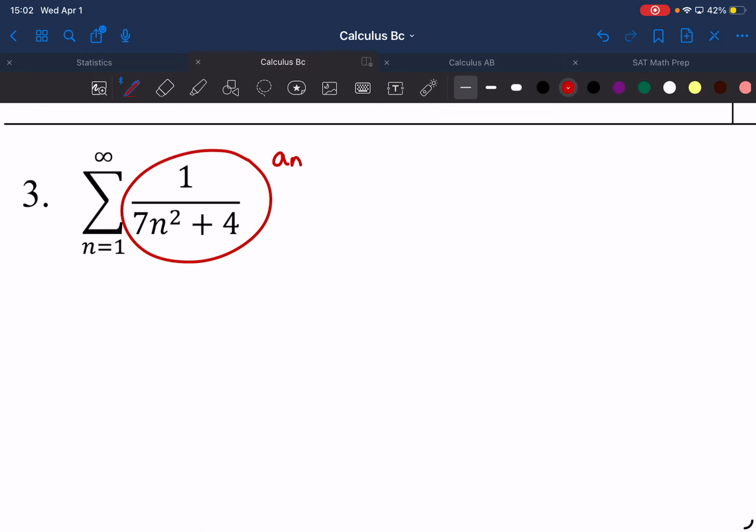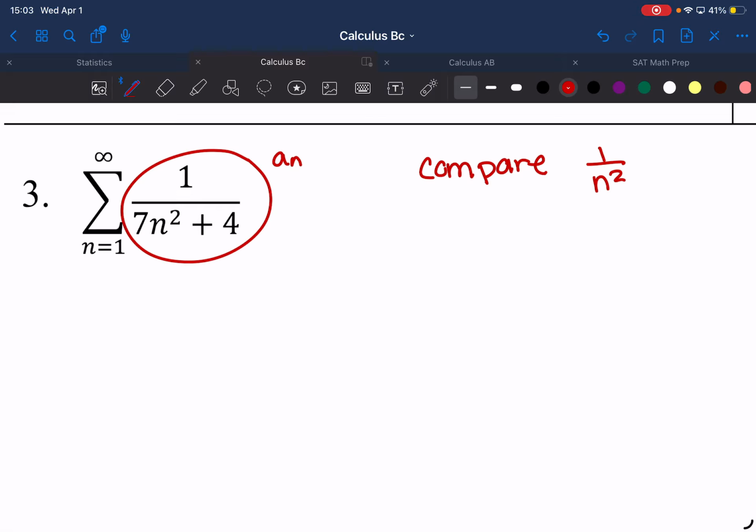So really what I can compare this to, if I was to get rid of all of these coefficients and extra constants that don't really matter, I am left with just 1 over n squared. And 1 over n squared is what type of series?